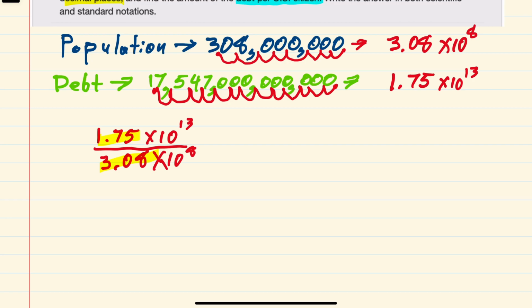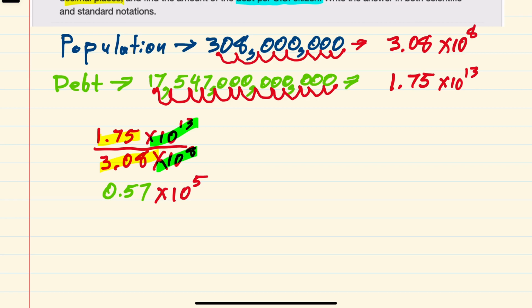Rounding to 2 decimal places gives us 0.57. And then we have times 10 to the 13th divided by times 10 to the 8th. We would keep the base and have the power of the top, 13, minus the power of the bottom. So 13 minus 8 would be 5.